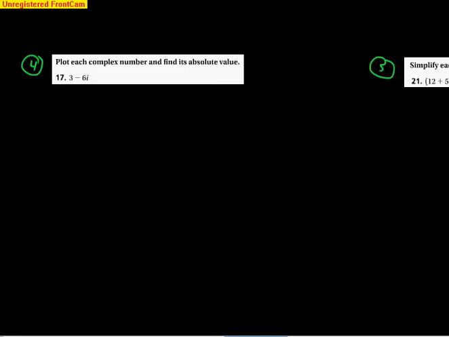All right. Moving on. Now we're going to look at some complex numbers. These a plus bi's. So we need to plot each number, and then find its absolute value. So 3 minus 6i, remember this is a plus bi form, so in this problem a is 3 and b is negative 6. When you graph this, remember the x is the real and the y is the imaginary.